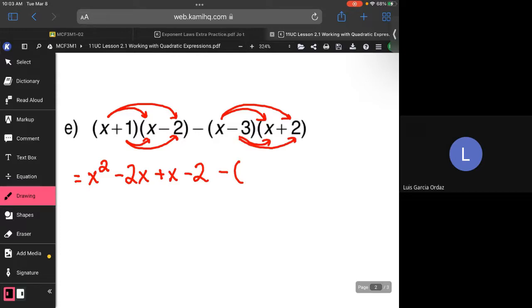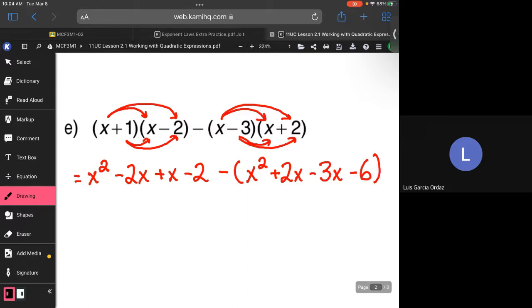Okay. Yep. Keep going, Jade. X times 2. 2x. Yep. Plus 2x. Yep. The second FOILing. -3. Yep. Good. And then -6. Perfect. There we go. And -6.